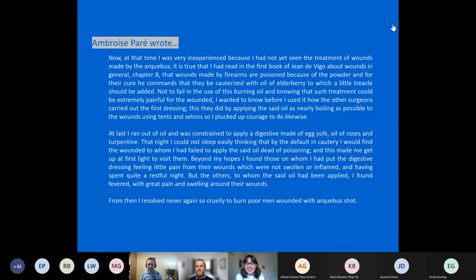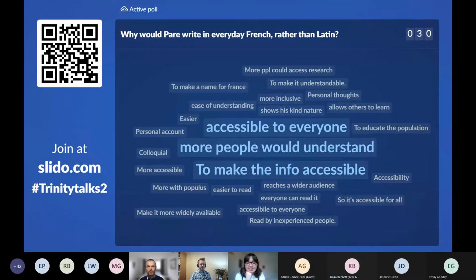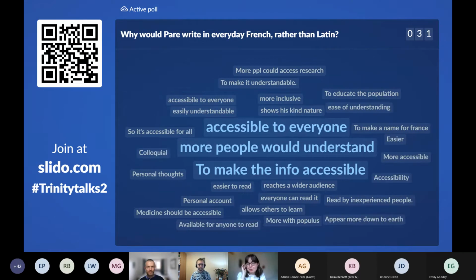Thank you. Okay, great. So perhaps if Richard could send us back to the word cloud now, we can have a look at some of your thoughts. Great. So the big word that's leaping out at me right now is access, making this knowledge accessible to more people in a way that more people can understand.